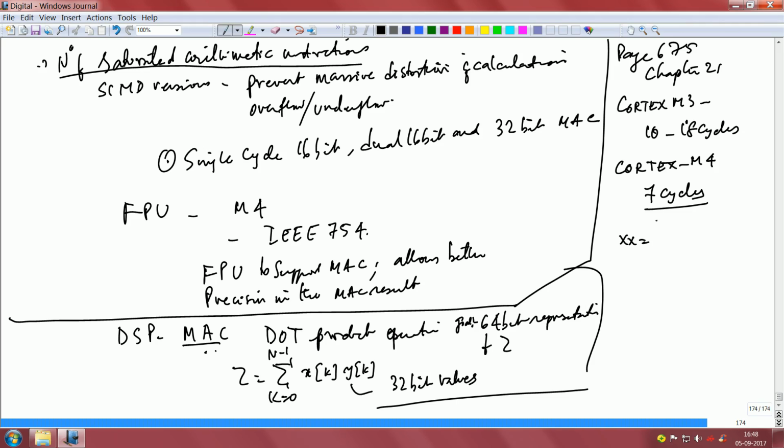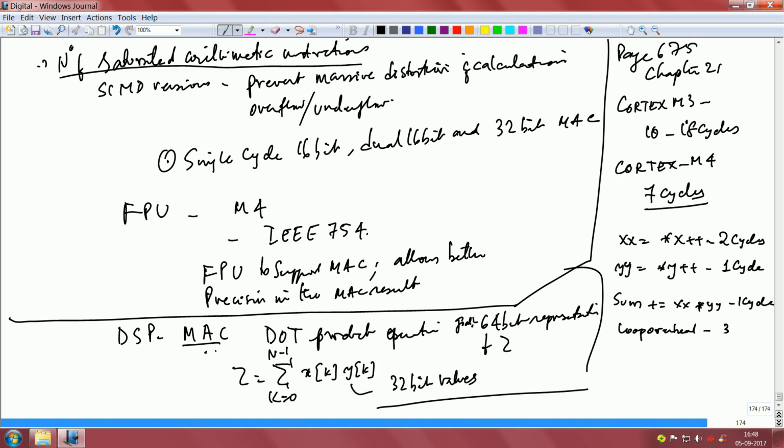You have x, this is 2 cycles, then for yy, this is 1 cycle, then sum, this is 1 cycle, and loop overhead is 3 cycles.